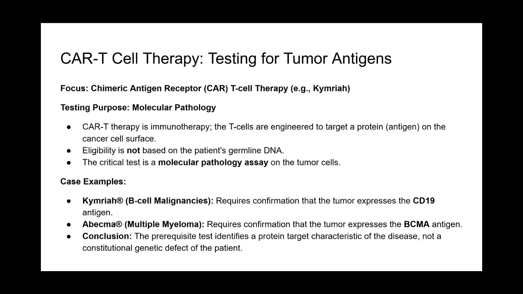Similarly, Abecma, idecabtagene vicleucel, is used for multiple myeloma and targets the BCMA antigen. To confirm the presence of the target protein, an immunohistochemical or flow cytometry assay is performed on tumor cells.